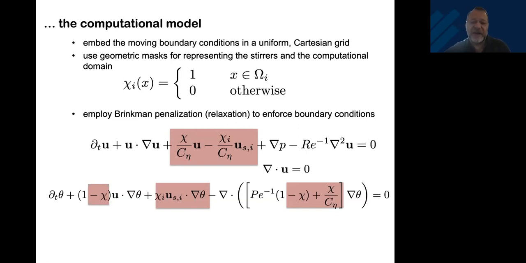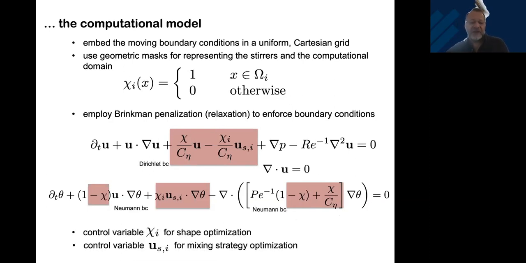So if you see this box here in the U equation, this is the difference between chi and chi_i, and that basically brings the fluid velocity to the stirrer velocity once we're close to or inside the stirrer. We have to do the same thing for theta with the Neumann boundary conditions. That one is a little bit more complicated because now the mask also shows up in the diffusion term. Okay, this is how you enforce zero gradient conditions on the stirrers.